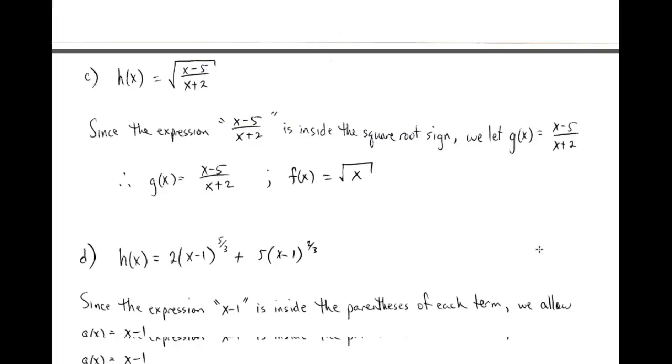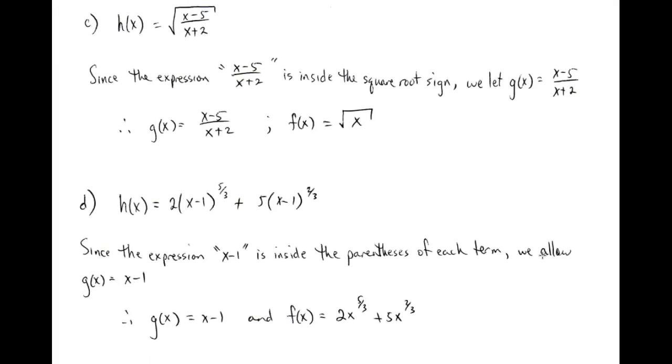Moving on to our next example, C. For this one, if we look at this, we see that we have a rational expression stuffed inside of a square root. So because of that, we're suspecting that the x plus 5 divided by x plus 2 is going to be the inside function, and thus square root of blah is going to be the outside function.